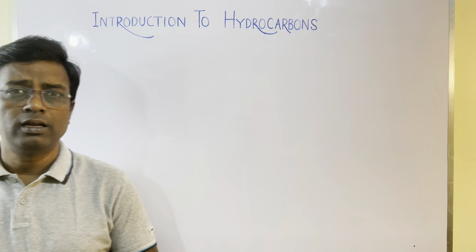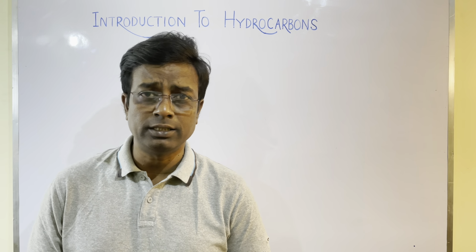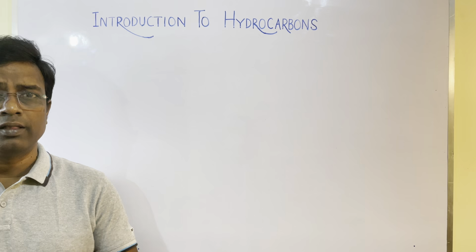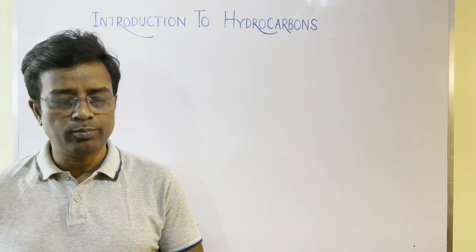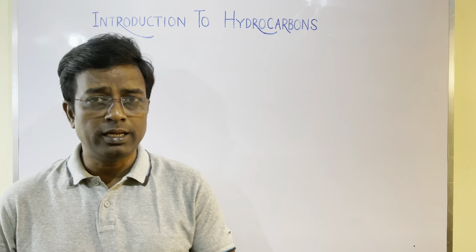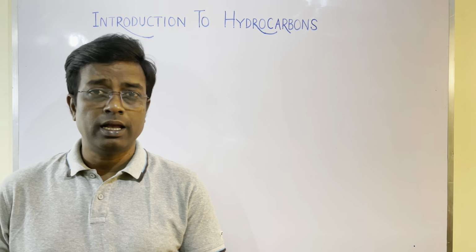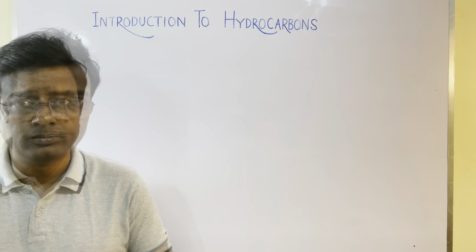Not only that, hydrocarbons are very important and are used as the starting material for polymers like polythene, polystyrene, polypropylene. They are used as solvents to make paints and dyes, and life-saving drugs are also made from hydrocarbons.